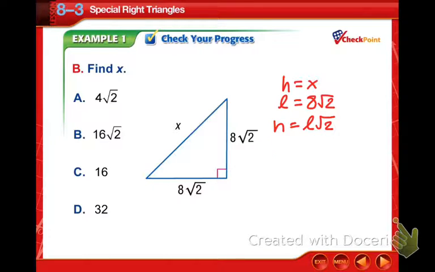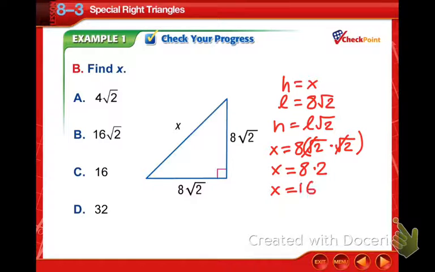And that means that our H, X, is equal to 8 square root 2, or L, times square root 2. And again, square roots will get canceled out. And we're left with X equal to 8 times 2. And 8 times 2 is 16. So again, our answer here is C.